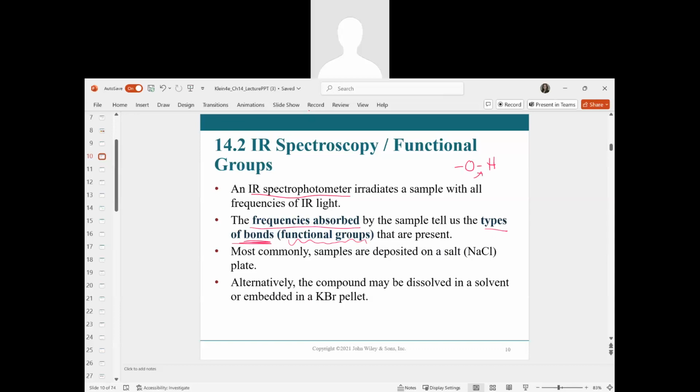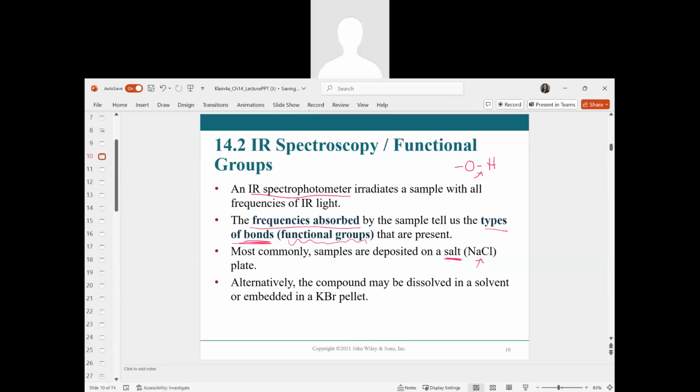So there are some techniques that are utilized to place a sample into the infrared spectrophotometer. We can either use salt plates, such as these sodium chloride plates, because we know that sodium chloride is not going to be reactive in our IR.